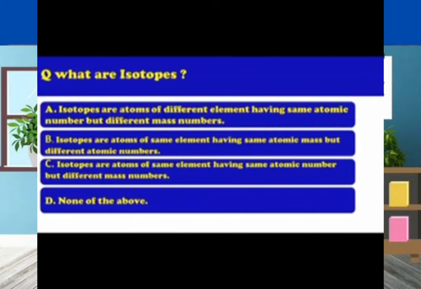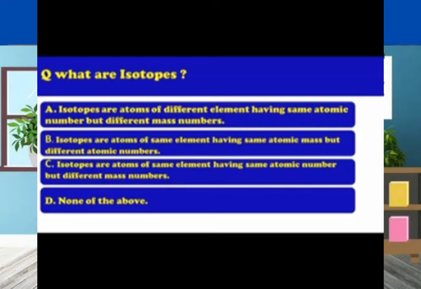The next question, what are isotopes? It's very important. What are isotopes? Here you have four options. First option, isotopes are atoms of different elements having same atomic number but different mass number.